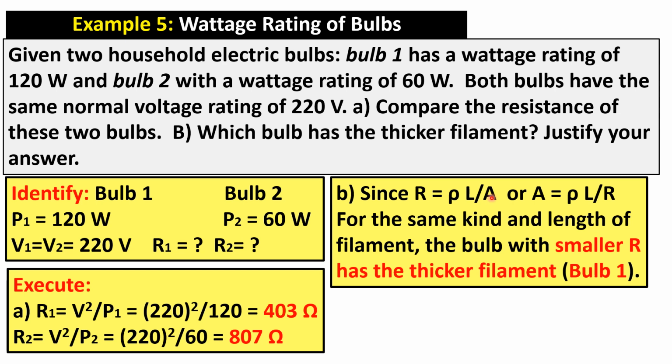So it is pi r squared, correct? The greater the radius of that filament, the thicker it is, and therefore the greater the cross-sectional area. But it is the thickness or the area that we are trying to compare to the resistance of the bulb.